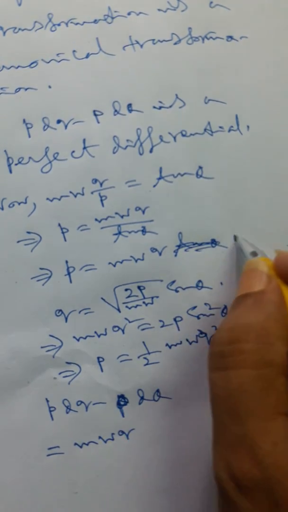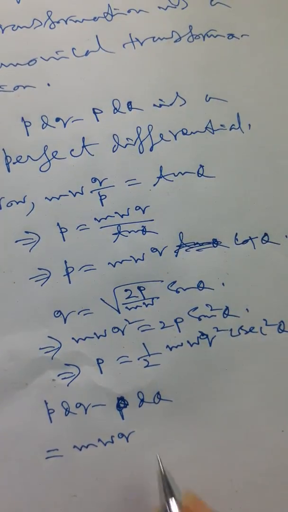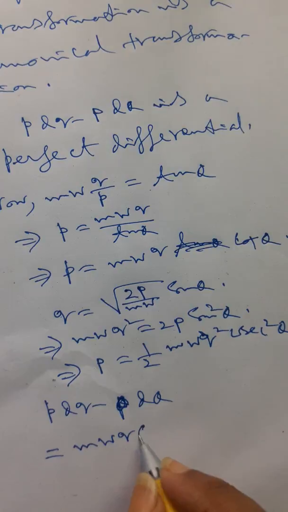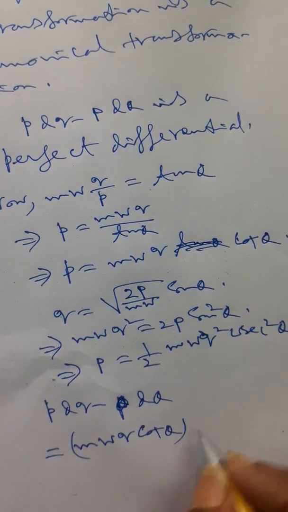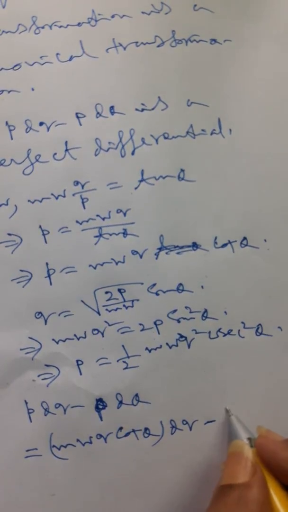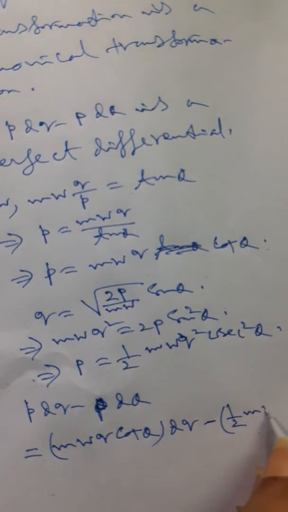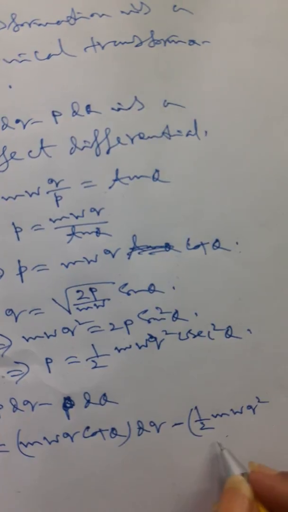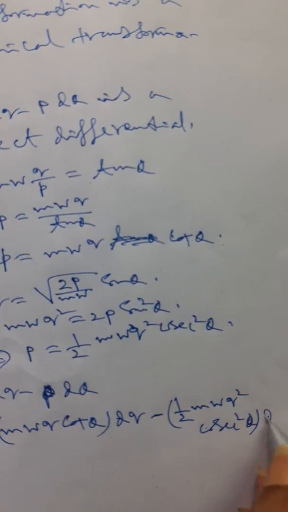It is cot Q, not tan Q. m omega q cot Q dq minus half of m omega q square cosec square Q dQ.